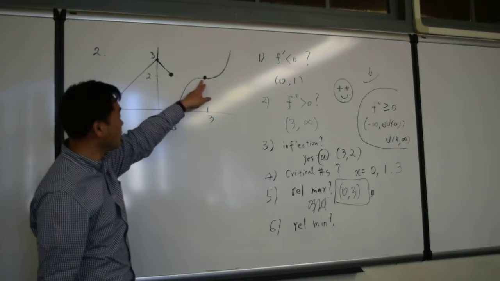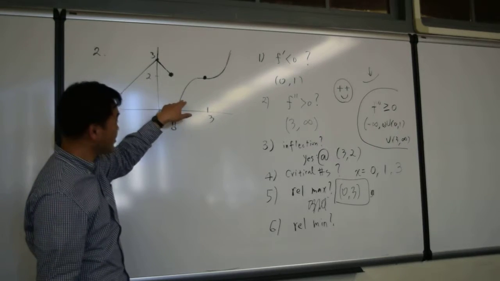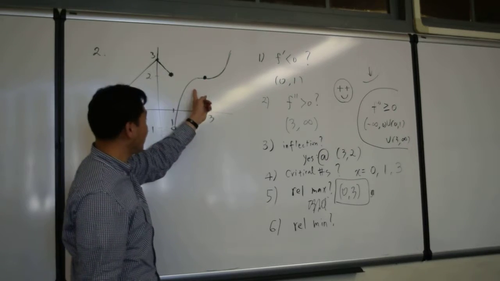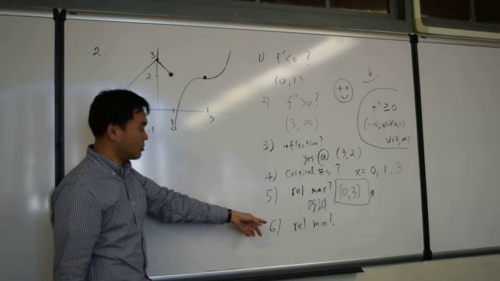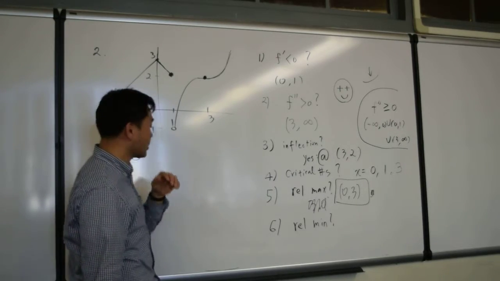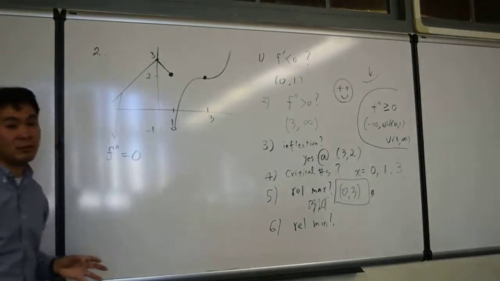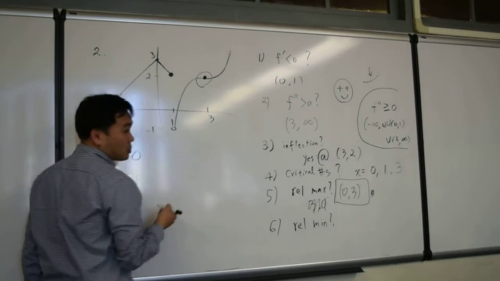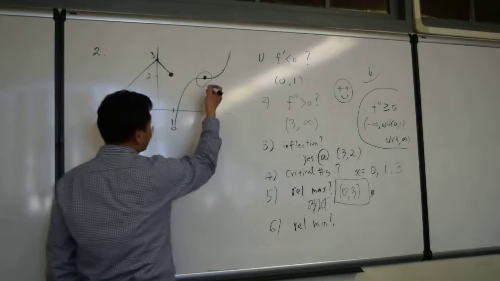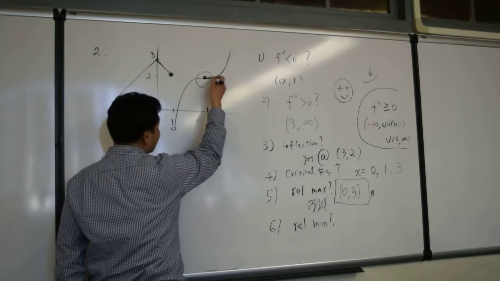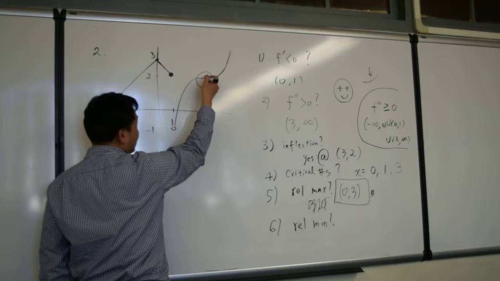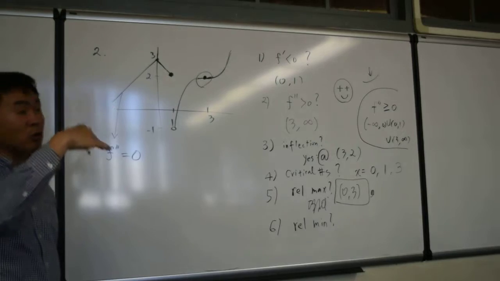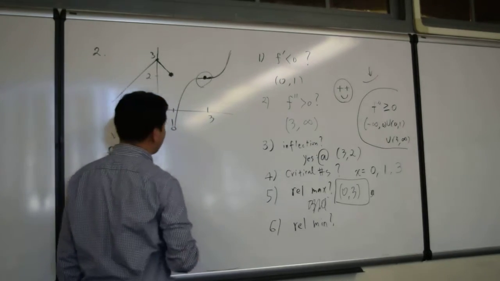This one also: if you go to the right, there are things above it, and if you go left, there are things below it. So this cannot be a relative minimum. The relative minimum means locally it has to be the lowest point. But if you put a small neighborhood, you can see that to the right of it, it's slightly higher than this point, and to the left of it, it's slightly lower than this point, so it cannot be a relative minimum.